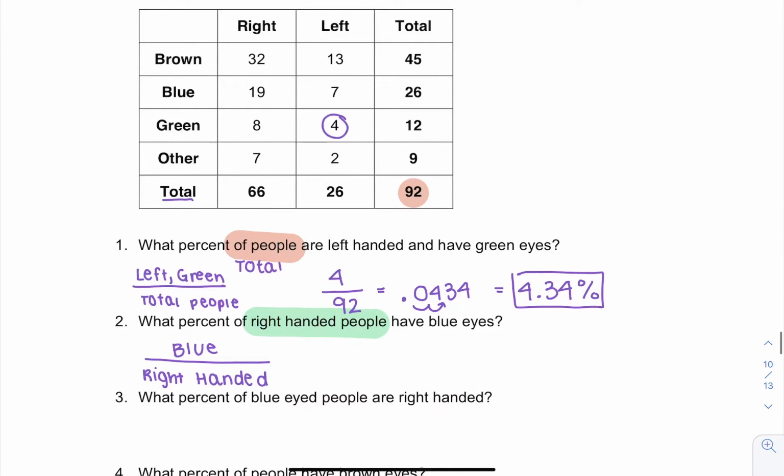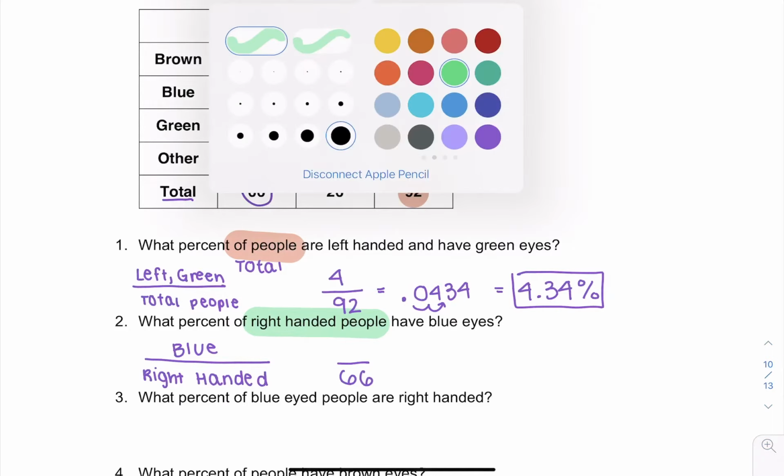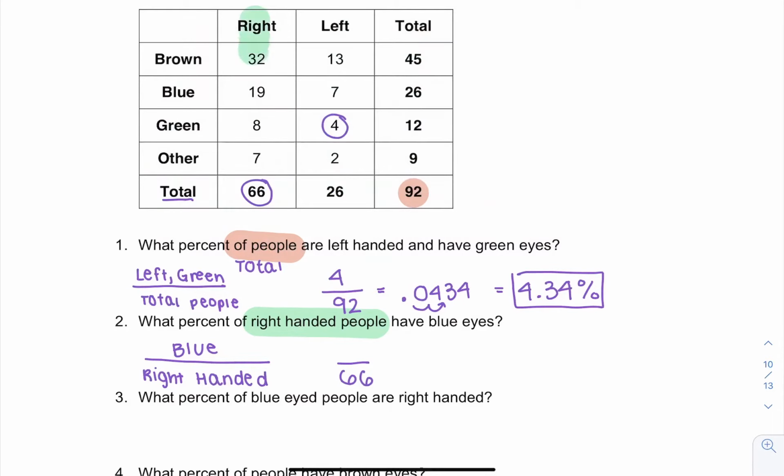Here's our total. So our total for right-handed people is 66. Now look, our total is not 92. We're just talking about if I made all the right-handed people go into one group. Now how many of them have blue eyes? So now our total isn't the total. I'm looking for how many of them have blue eyes. Well, that is 19 of them. So 19 out of 66.